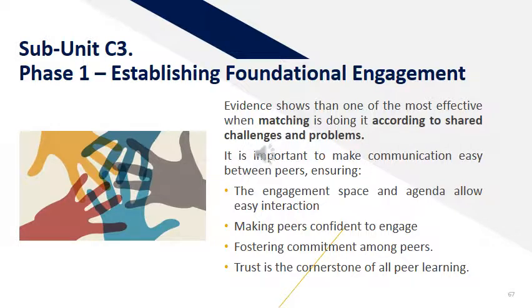It is important to make communication easy between peers. Ensuring the engagement space and agenda allow easy interaction, making peers confident to engage and fostering commitment among peers. Trust is the cornerstone of all peer learning. Trust building exercises must be incorporated in the foundational phase in order to enable later stages.